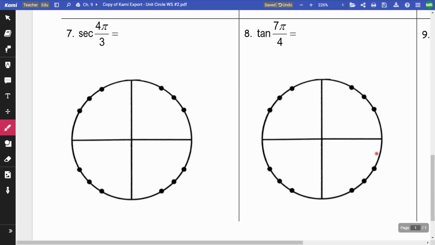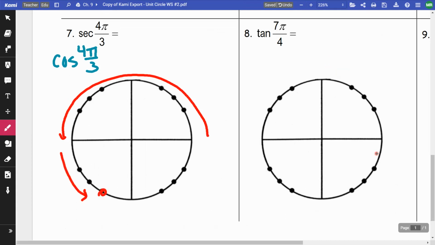On number 7, secant, again, S doesn't go with S and C doesn't go with C. So for secant, I want cosine. Cosine of 4 pi 3rds, and then I'll take the reciprocal. So 4 pi 3rds going all the way to here is 3 pi 3rds, and I want to go 1/3 beyond that, which means I'm here.